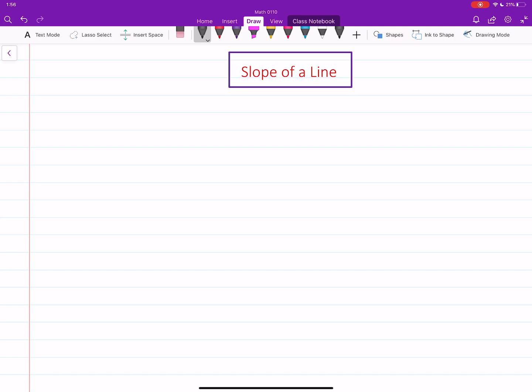So what is this? I have a line in R2. Better to keep the coordinates there: this is x, this is y. Then you pick any 2 points on this line, say x1, y1 and x2, y2.